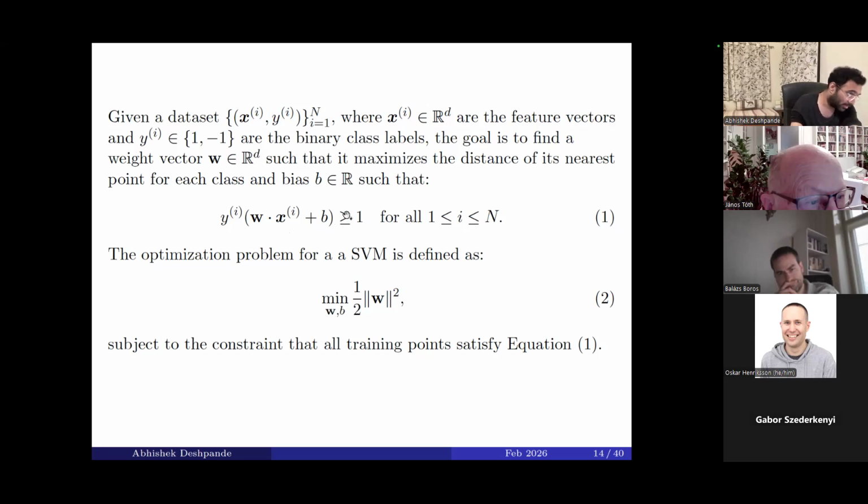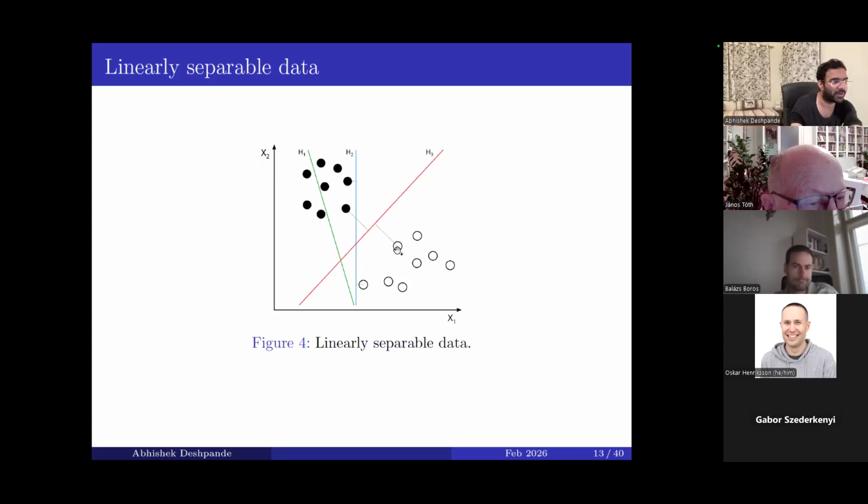And if both are negative, then they're still classified correctly, because the point lies on the other side of the hyperplane. If this point lies on the other side and its label is -1, then both terms are negative, and the product is still positive, greater than 1, right?